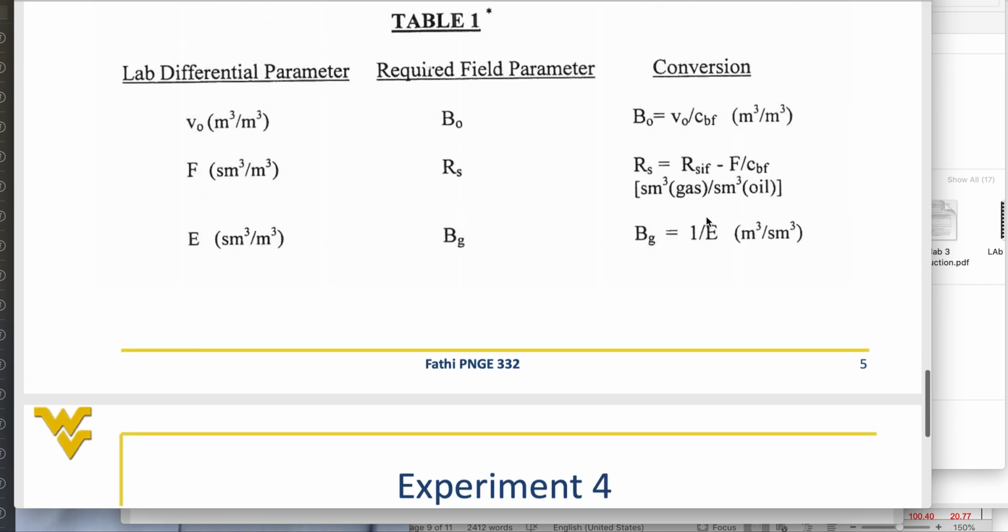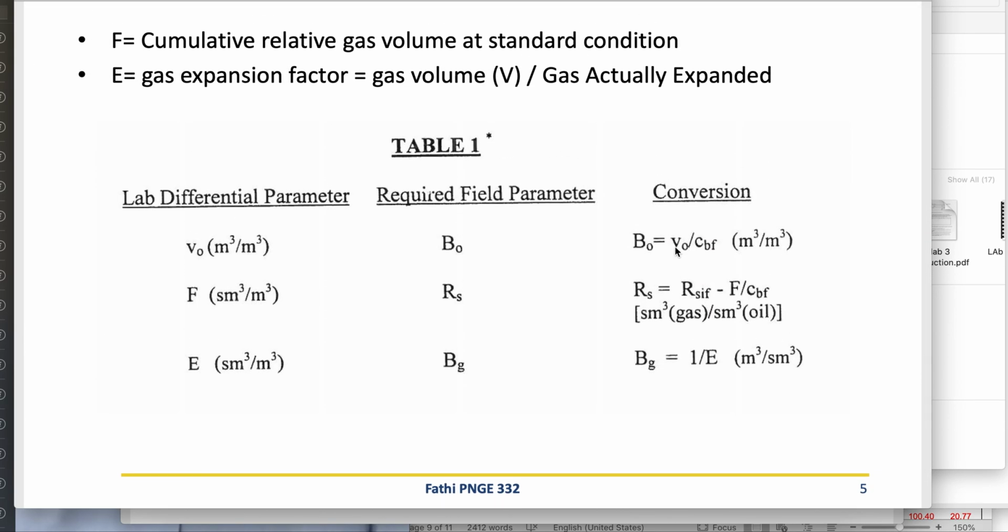So the equations are given here. So BO is the small VO. That's our oil volume over the volume at the bubble point divided by CBF, which is constant. RS, which is our RSIF that we calculated, that's a constant. The CBF, that's a constant. And the capital F that you just got through that column, and BG is 1 over E.